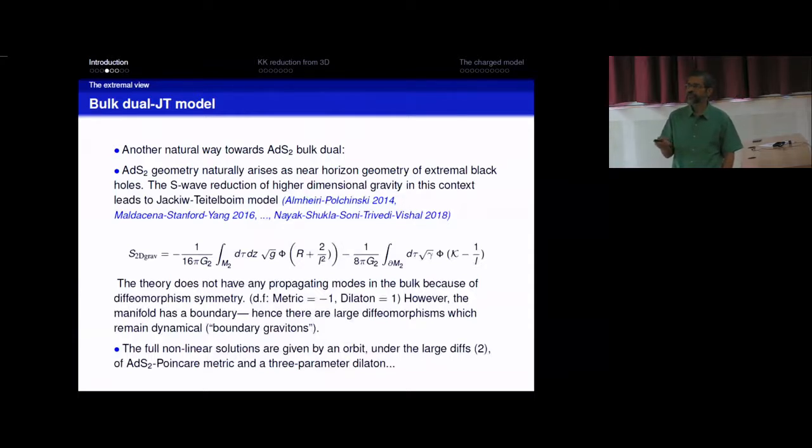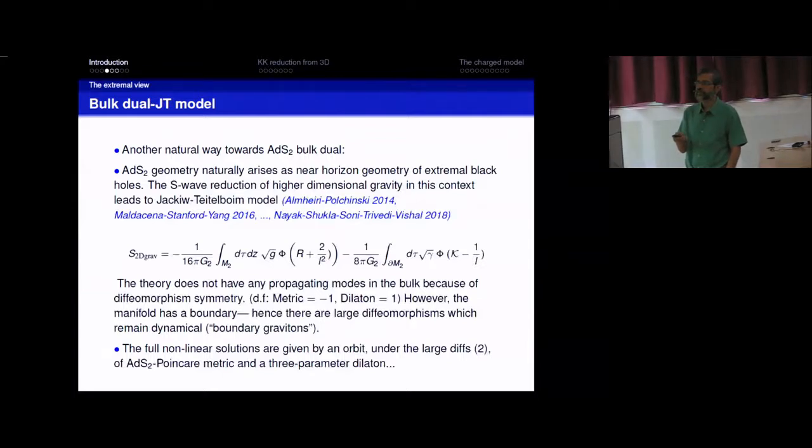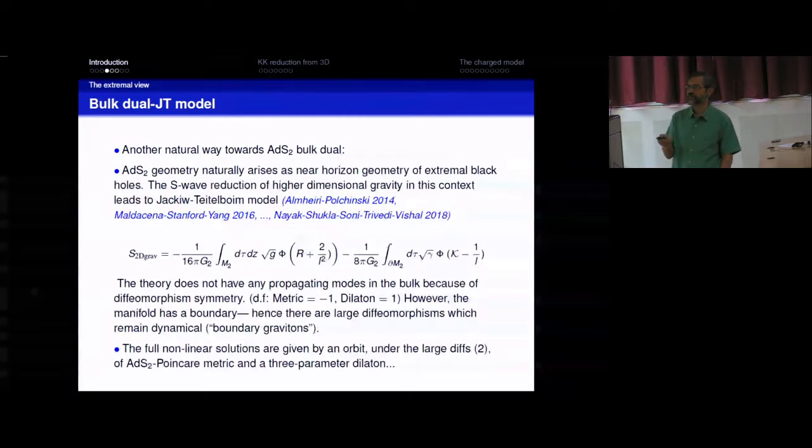But just as a two-dimensional theory, if you consider this dilaton as a scalar field, then it has some dynamics. However, the dynamics is entirely that of boundary degrees of freedom, because simply speaking, you can do this degree of freedom counting.